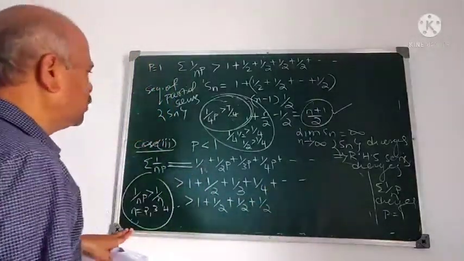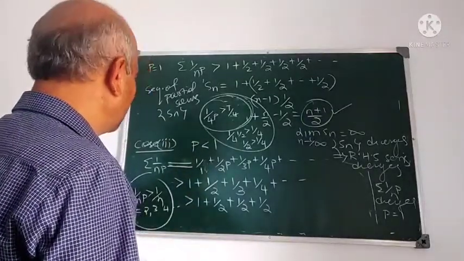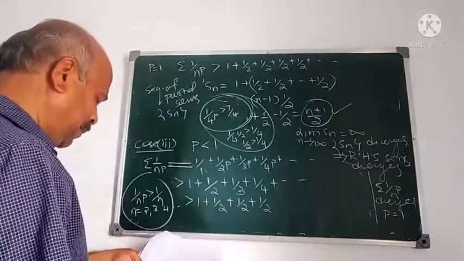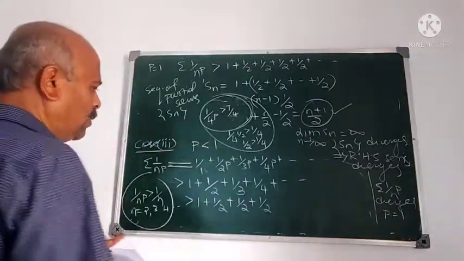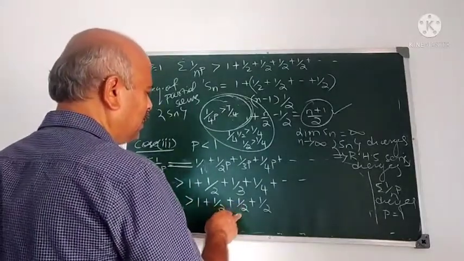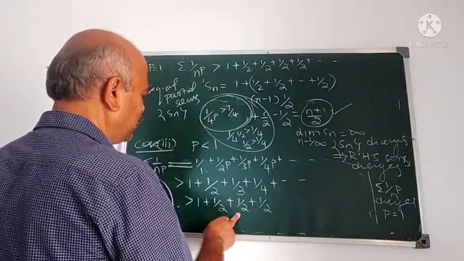1 upon n raised to p is greater than this, correct? What about 1 by 3? 1 by 3 is less than 1 by 2, correct? Less than 1 by 2.